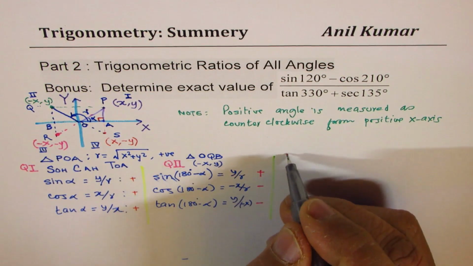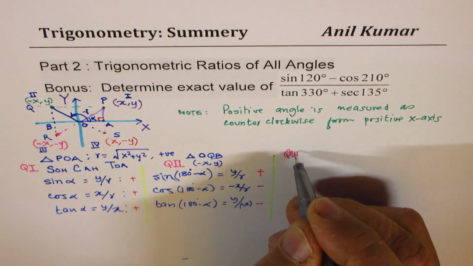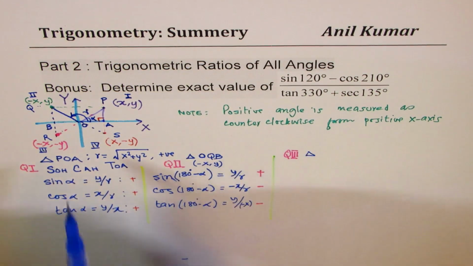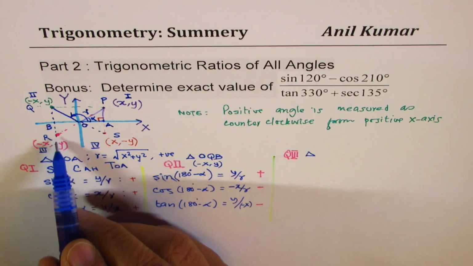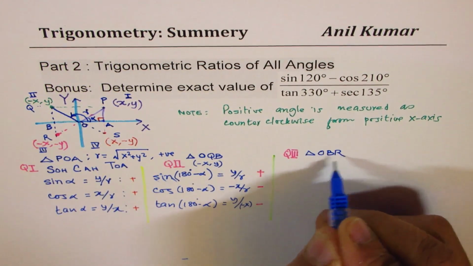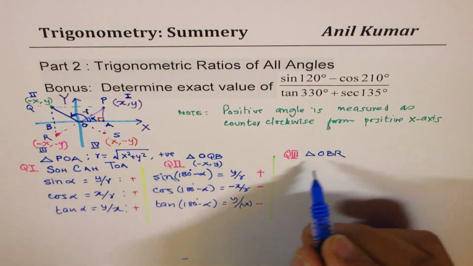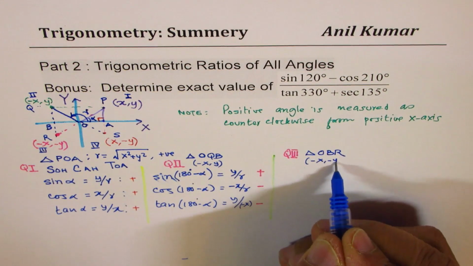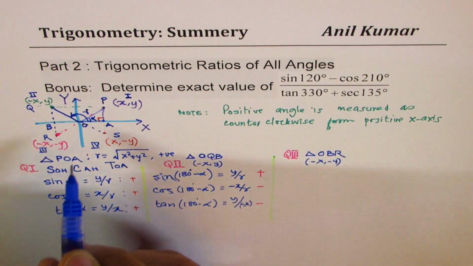As you move to quadrant 3, you're looking into the triangle, which this time is triangle OBR, right? Now in this particular triangle, the point which you are considering is minus x, minus y. So in that case, what is the angle?